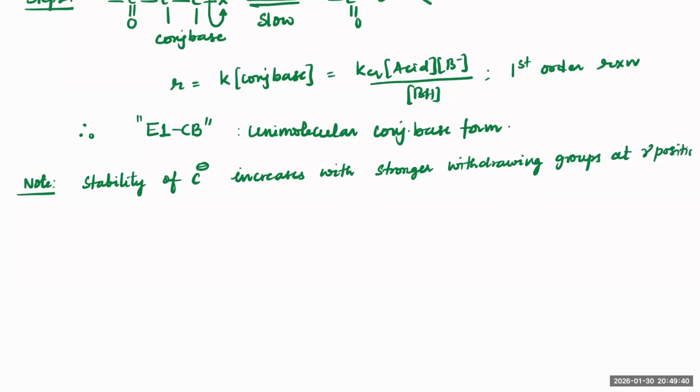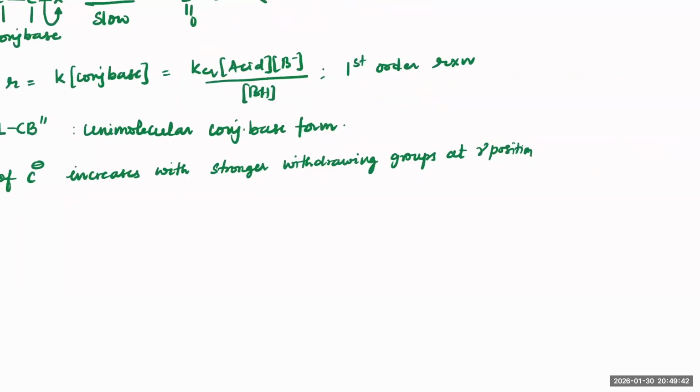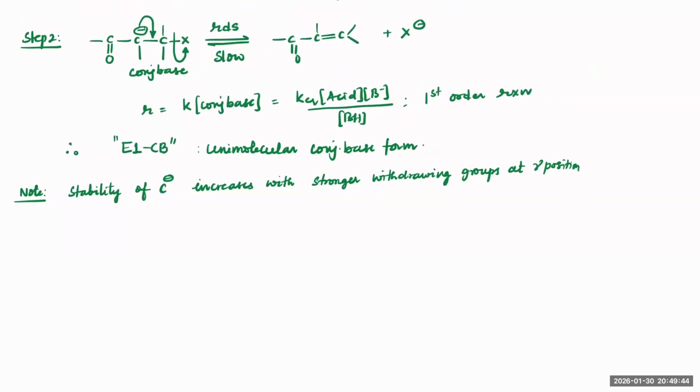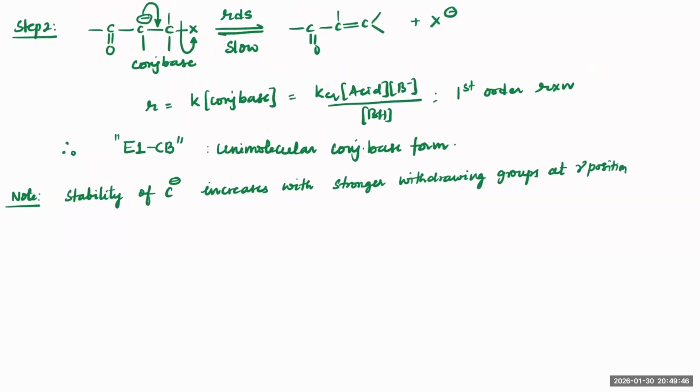So at gamma position, we should have more withdrawing groups here. Or rather, if I have a stronger withdrawing group like NO2 or something, the rate would be better.